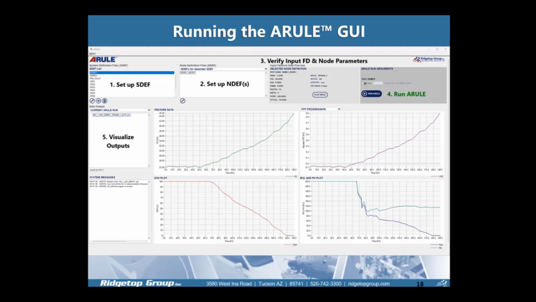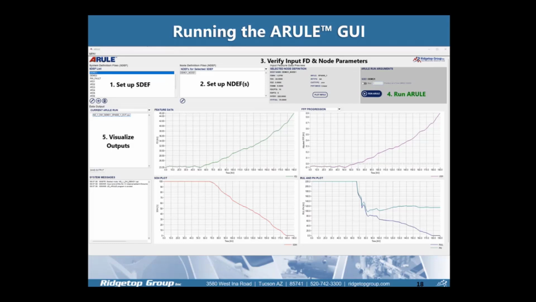And the bottom half is your data output half, where you can visualize outputs for multiple ARULE runs. So to the top left here, that's where you start. You start by setting up a system definition. Inside that system definition, shown here, marked as 2, you can set up your node definitions.